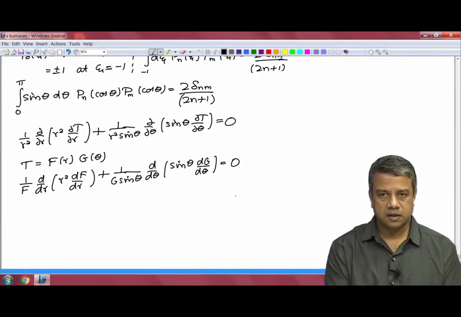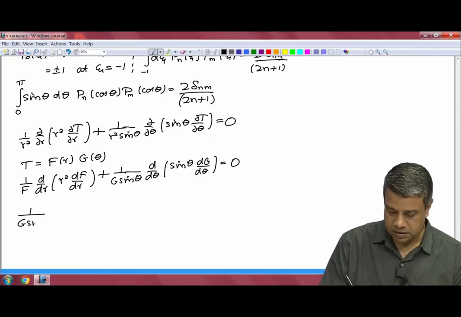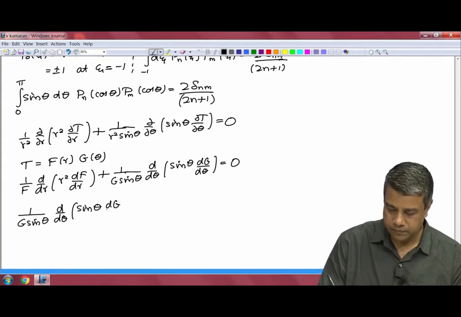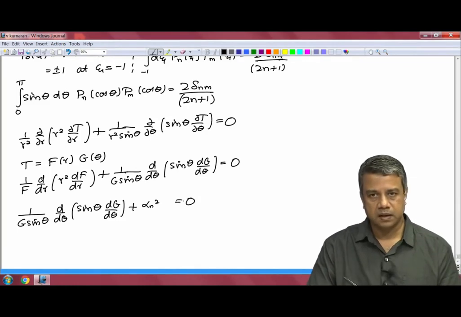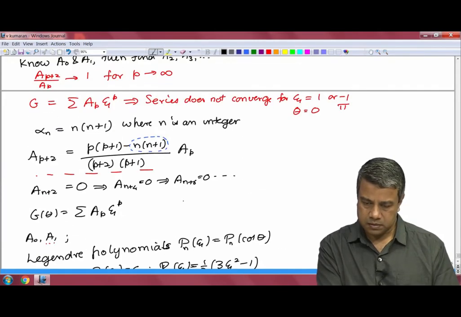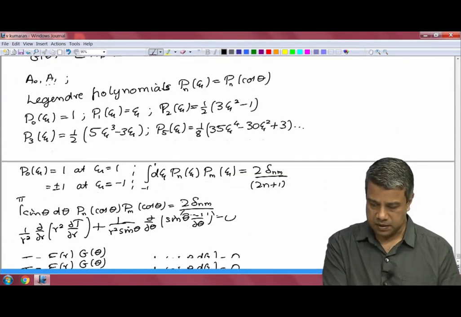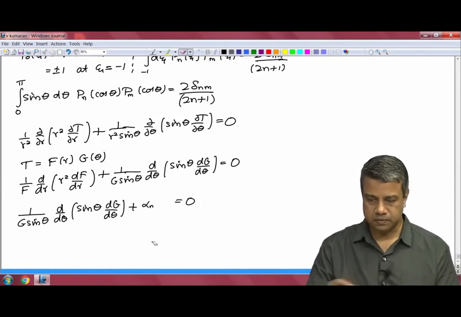The solution in the g direction was that this equation plus alpha n is equal to 0.